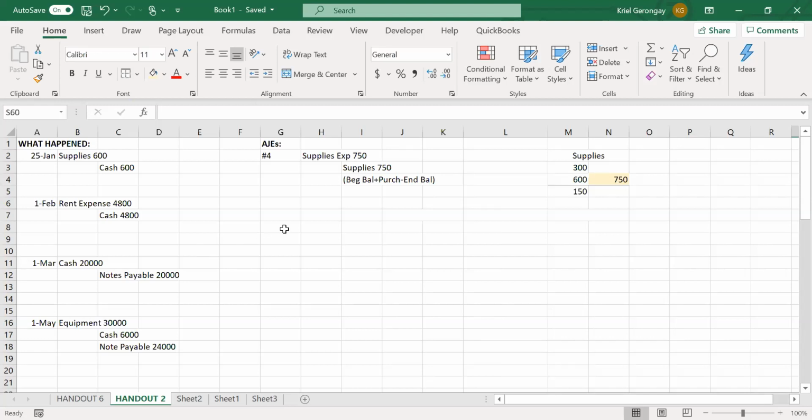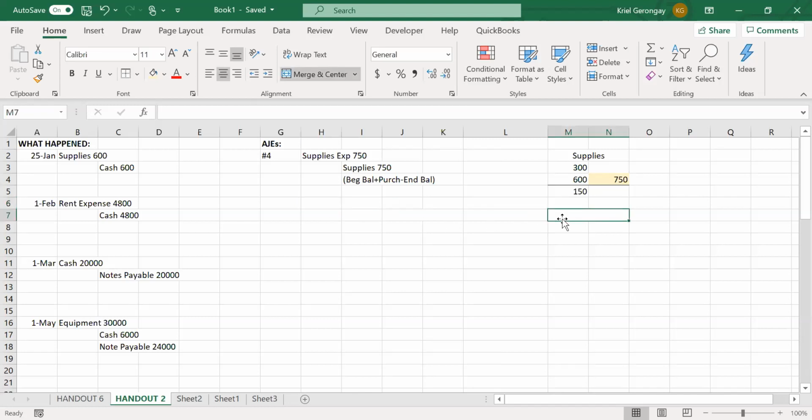So you want to do February 1st? Sure. So for February 1st, you rented a warehouse from Alpha, paying 1 year of rent in advance. So like I said earlier, this one is going to be an unusual entry because you recorded the entire year's worth as a rent expense when it should have been a prepaid.